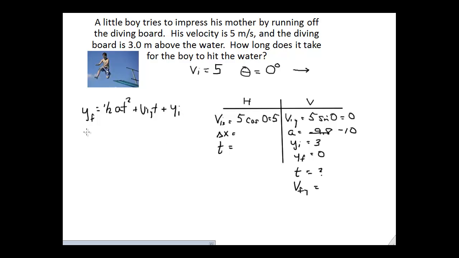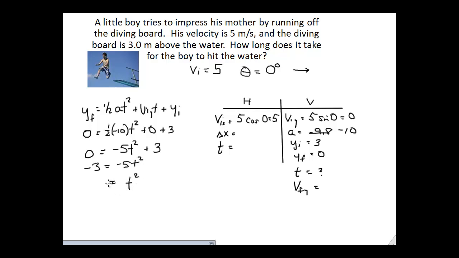So fill in some numbers here. 0 equals 1/2 times negative 10 times t squared plus 0 plus 3. So now I have 0 equals negative 5 t squared plus 3. Negative 3 equals negative 5 t squared.